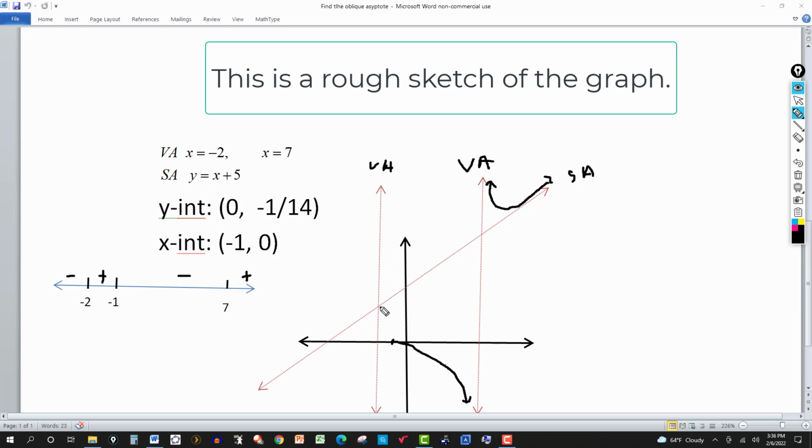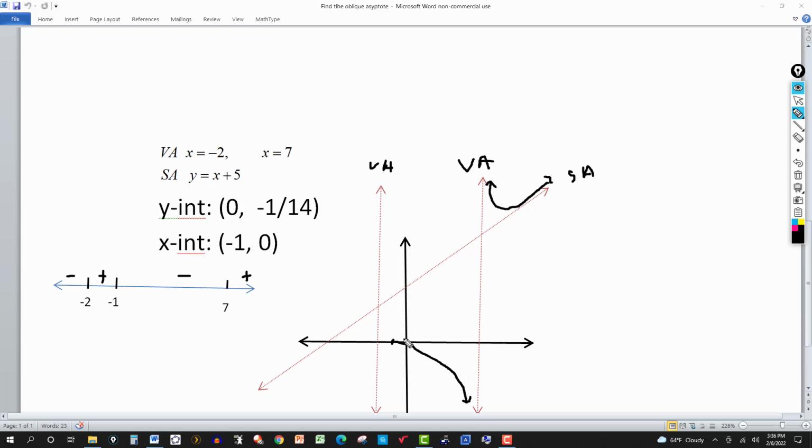The problem here, I have a slant asymptote there and a vertical. So I want it to approach either one or the other or both. But in this case, if it approaches it this way, it has to cross the y-axis. But I don't have another y-intercept.